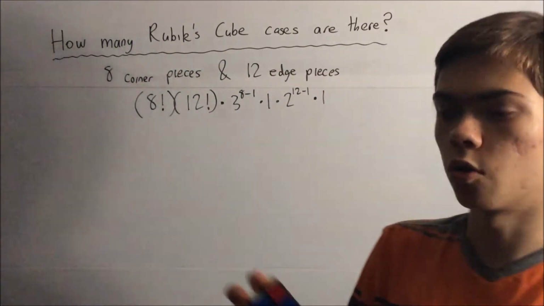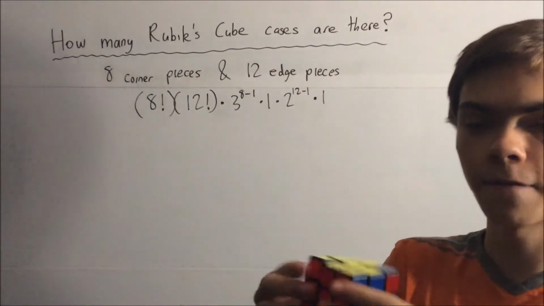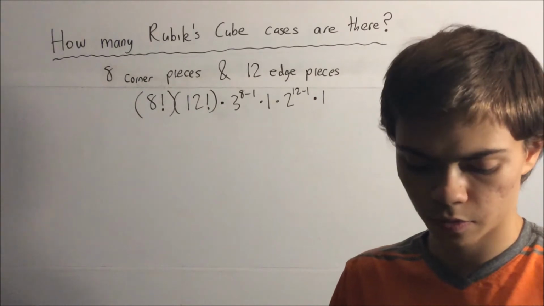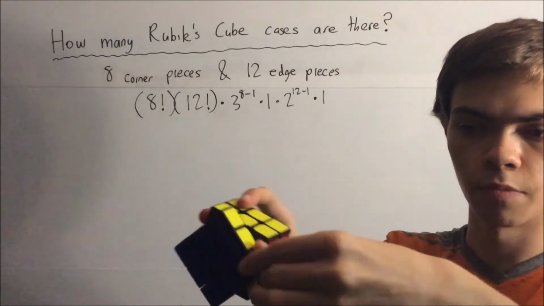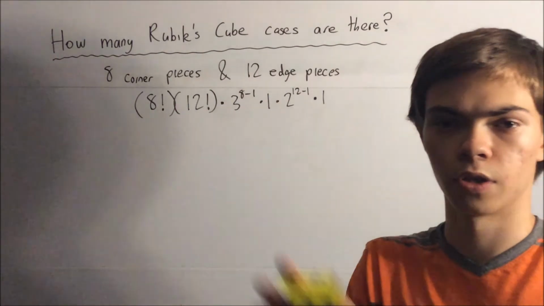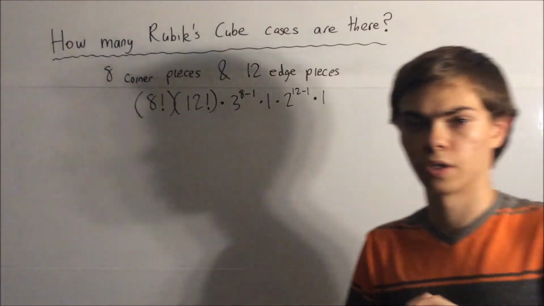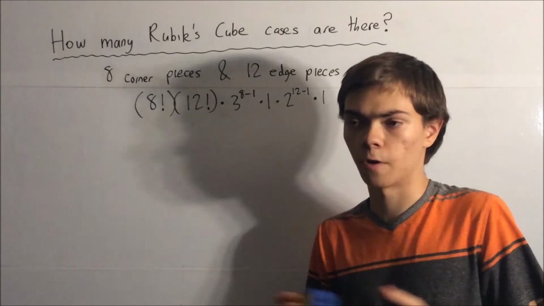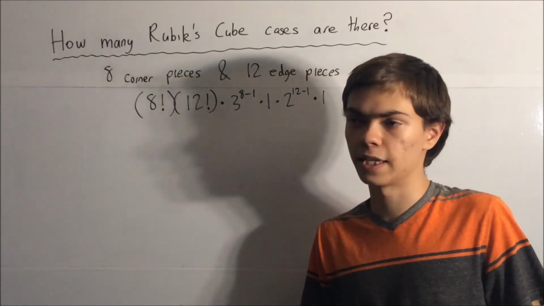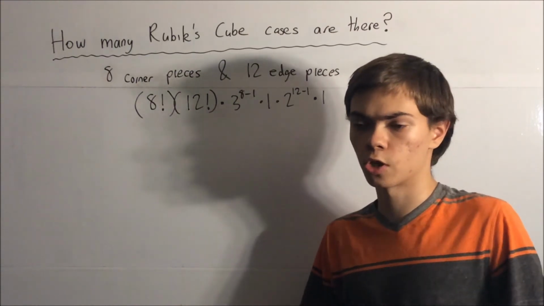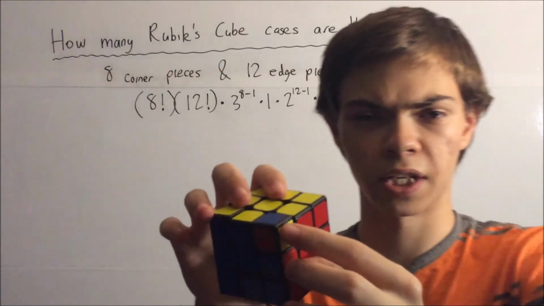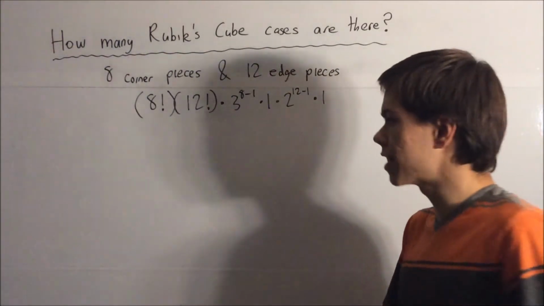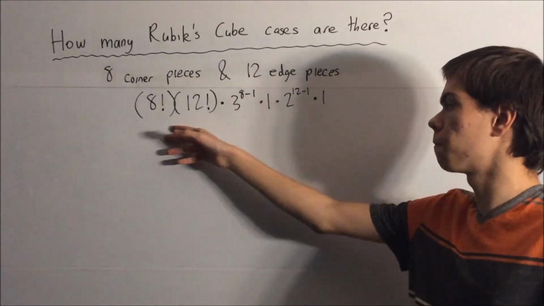In other words, you cannot physically turn the cube in such a way where this corner piece becomes solved. You cannot just turn the cube and solve the case. It's impossible to solve the cube when exactly one of the corner pieces is twisted. And so that's the other factor that we have to account for here.